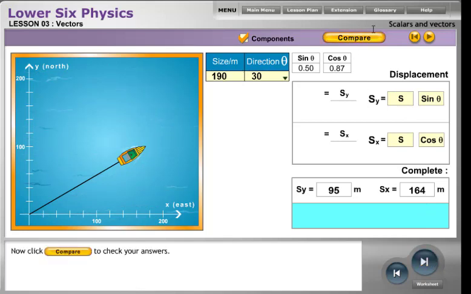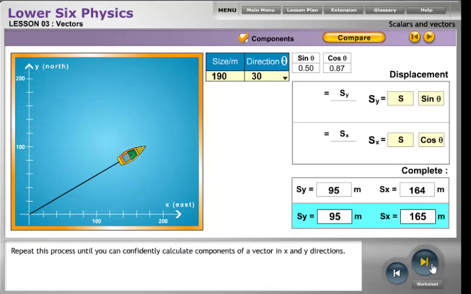Now click Compare to check your answers. Repeat this process until you can confidently calculate components of a vector in x and y directions.